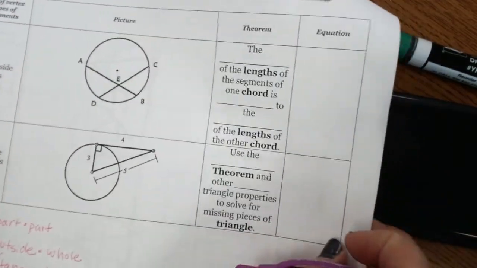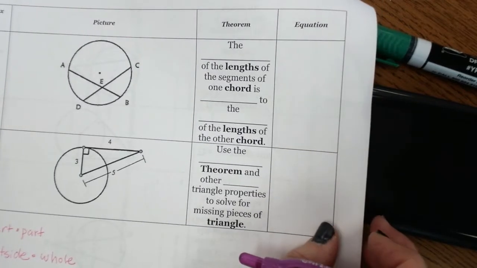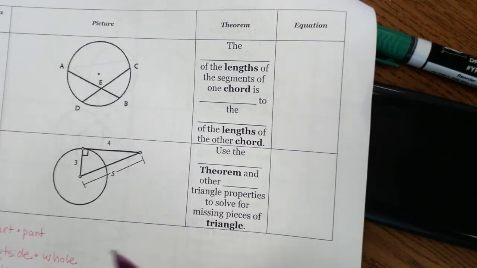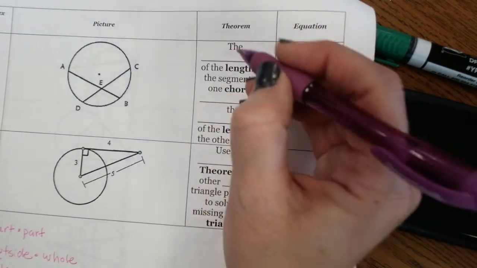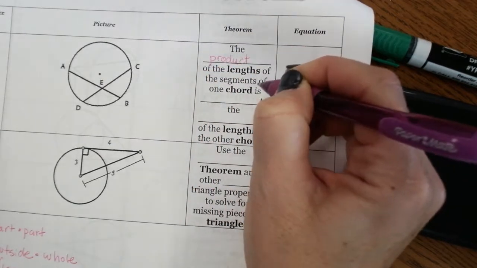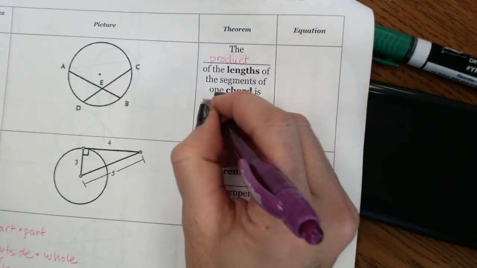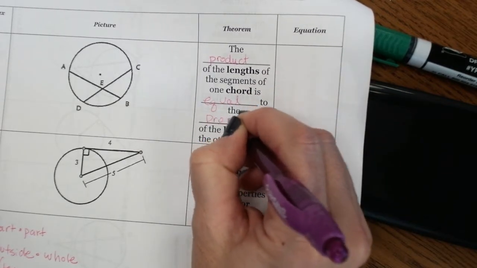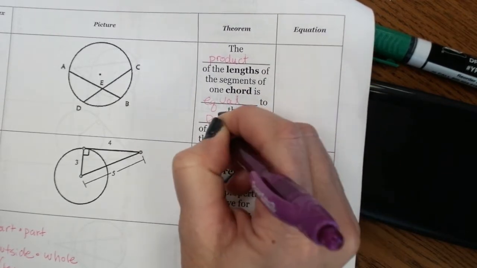And here's the theorem that goes along with it. Now this is a little bit harder to prove, so we're just going to talk about the theorems and go through it. It says the product, because I'm always multiplying, of the lengths of the segments of one chord is equal to the product of the lengths of the other chord.